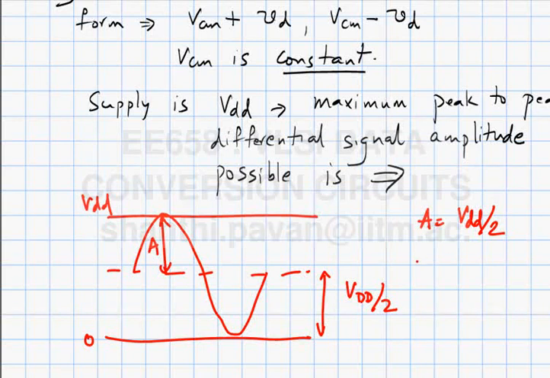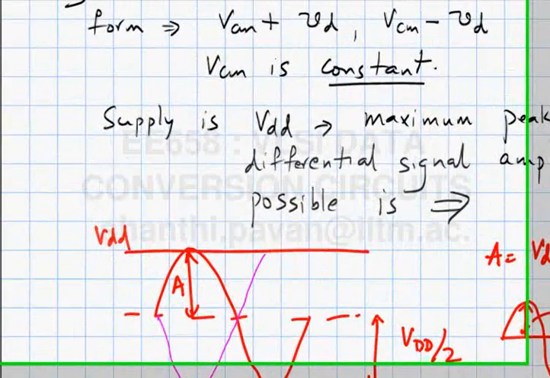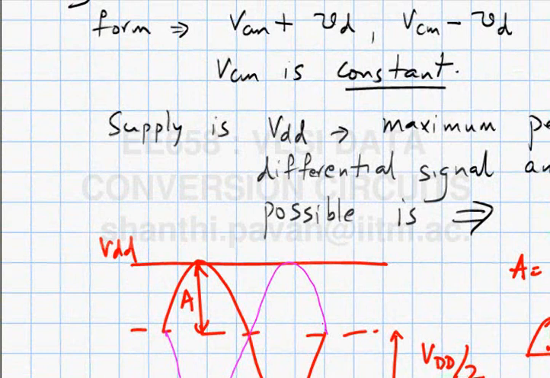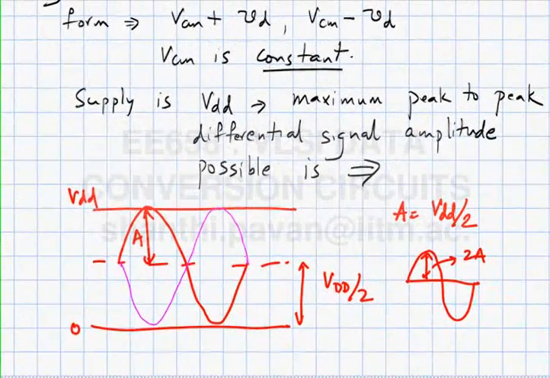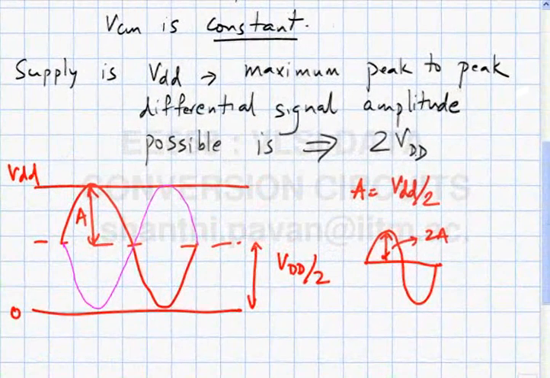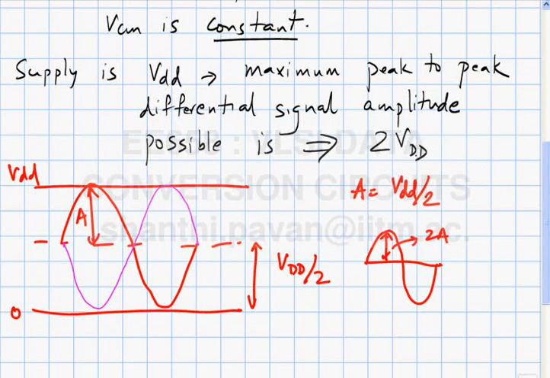So the peak-to-peak differential signal will be 2A, because the corresponding negative signal will be doing the opposite. If I look at the differences between these two waveforms, then the peak-to-peak amplitude is 4A, which is 2 VDD. For instance, in a 1.8 volt supply, it is possible to have a peak-to-peak differential input signal of 3.6 volts.